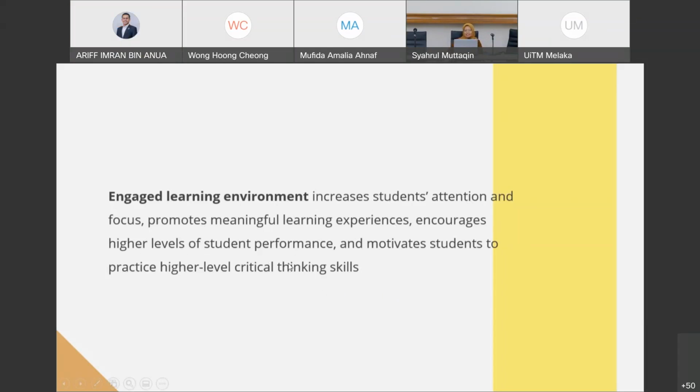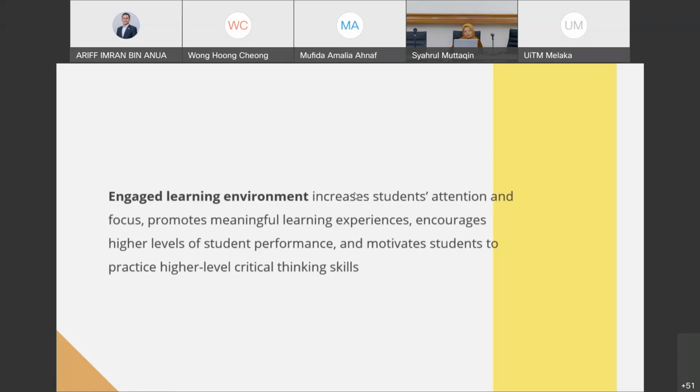When the learning environment promotes meaningful learning experiences, it indeed enriches the students' experience. And when the learning environment encourages high levels of students' performance, it means that you have done scaffolding and you have encouraged your students' performance into their best, the best in the students.